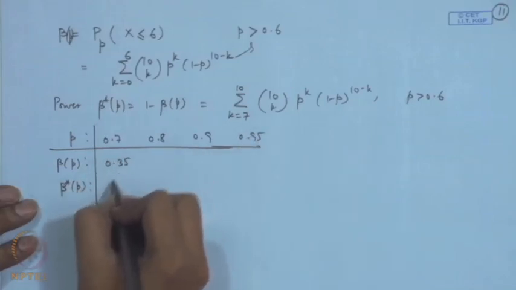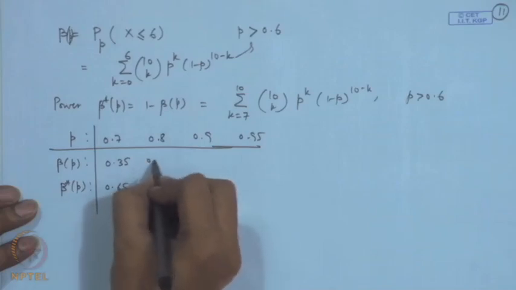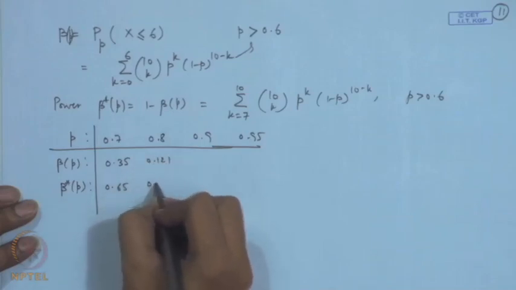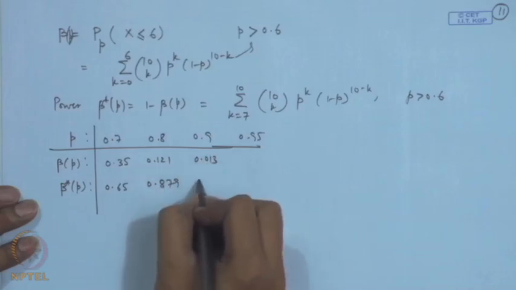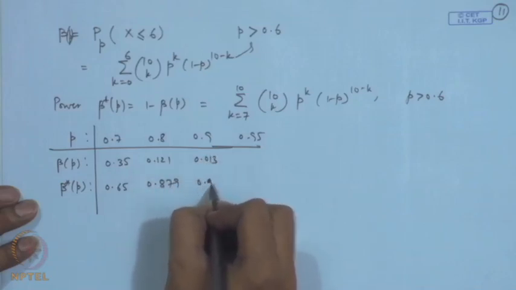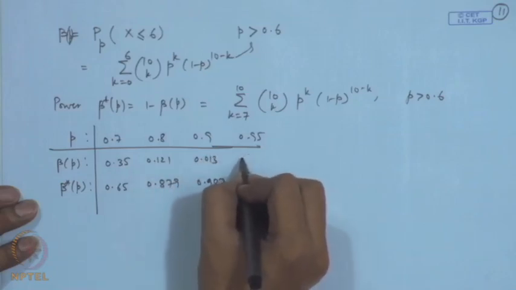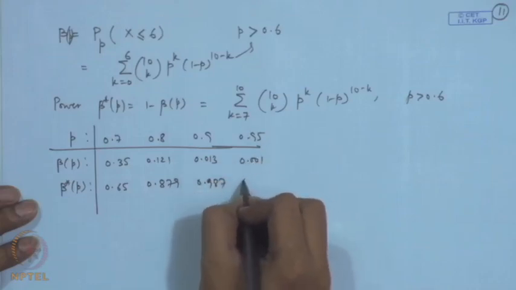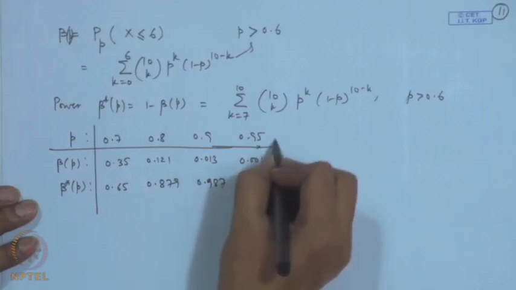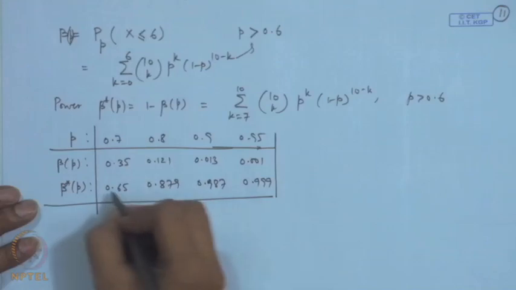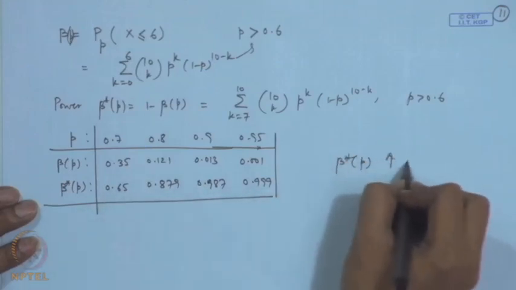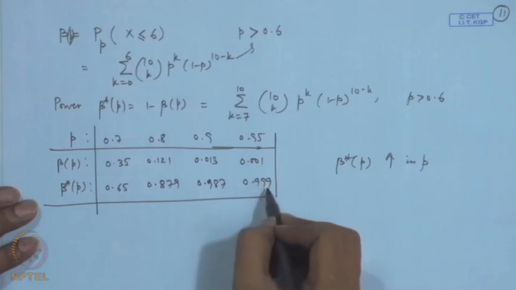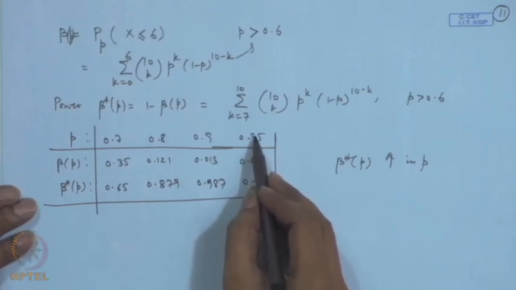This value is 0.35. So, this is 0.65, 0.121, 0.879, at 0.9 it is 0.013, this is 0.987 and this is 0.999. So, you can see here that this power function is actually increasing in p, reaching almost 1 as p nears 1.